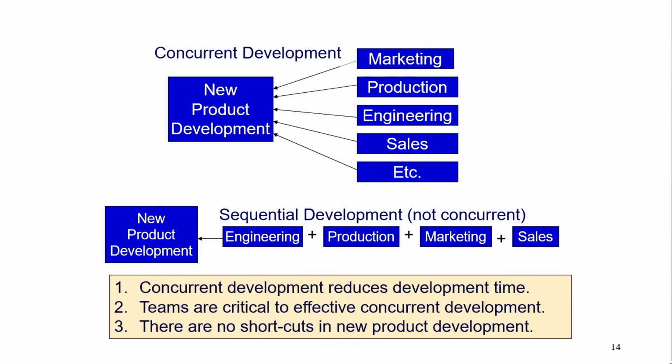So, the new product development therefore is now a more concurrent development process, that means there is a lot of iteration, there will be a lot of back and forth among the various stages.